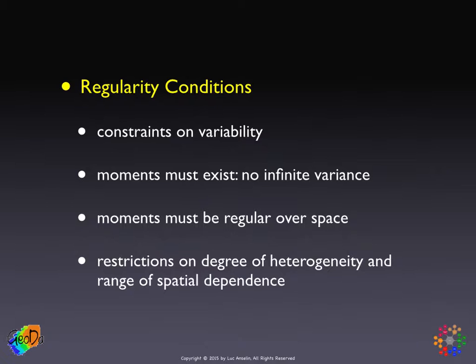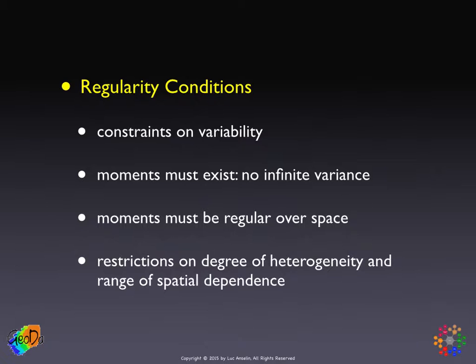So that's the rationale of these asymptotic conditions, and they're very formal mathematically. They're very complex, but an easy way to get an intuition for them is that first of all, you cannot get crazy heterogeneity, so you have to somehow constrain the degree of variability.